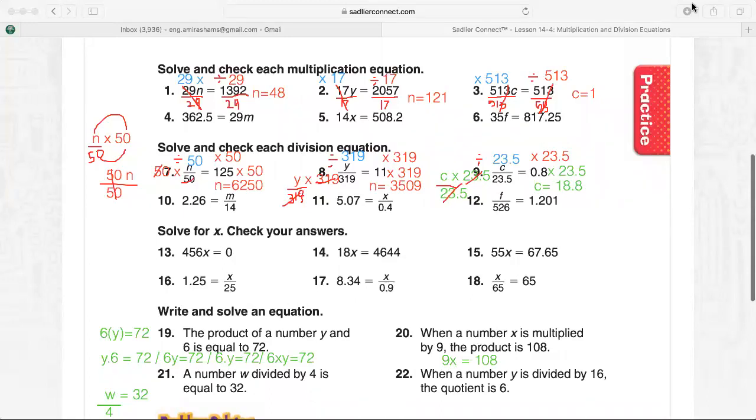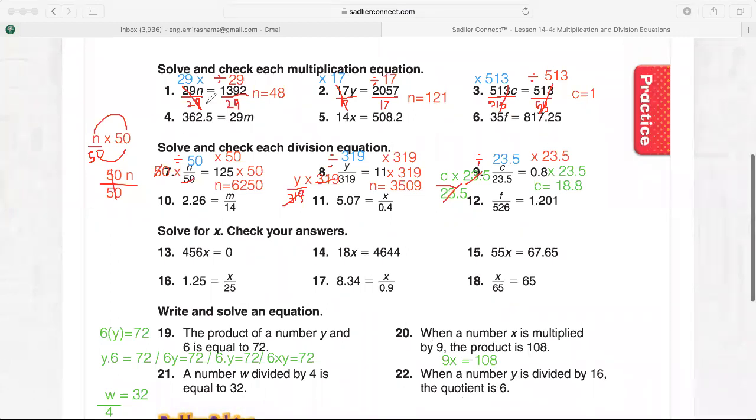Teacher, can I answer one? Yes. Number 22, right? When a number y is divided by 16, the quotient is 6. The quotient. Please don't say the answer.